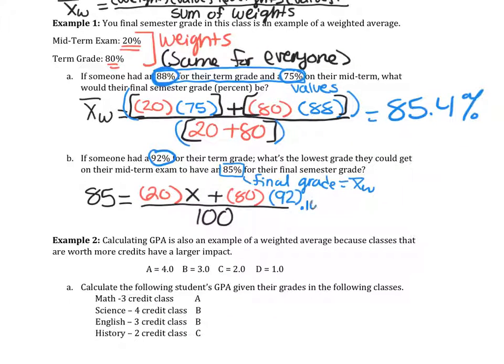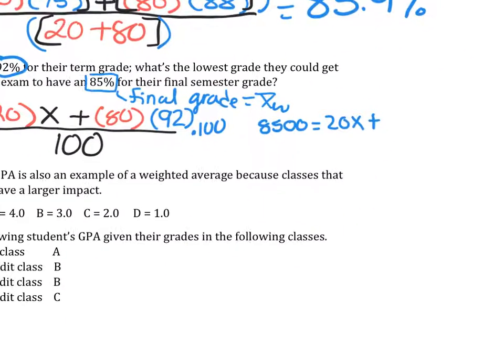Yes, multiply by 100 on both sides. So we'll have 8,500 equals 20x plus, can someone tell me what 80 times 92 is? 7,360. Thank you. Okay, then to solve for x, we can subtract the 7,360 from both sides.